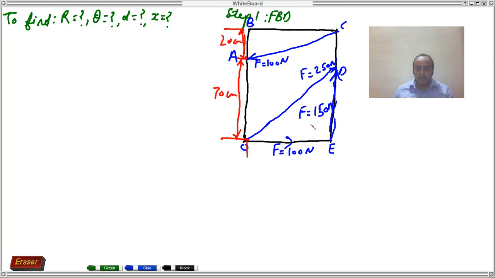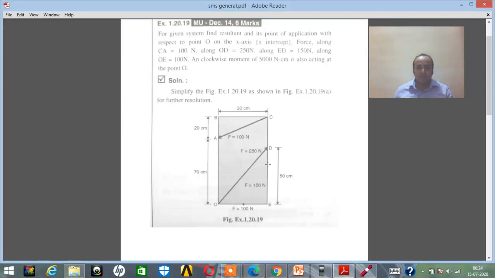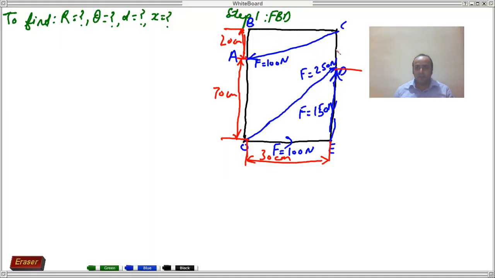This is 30 centimeter over here. If you want, you can just check it from the question's diagram. This is 50 centimeter from the bottom. So left out above is only 40 centimeter.